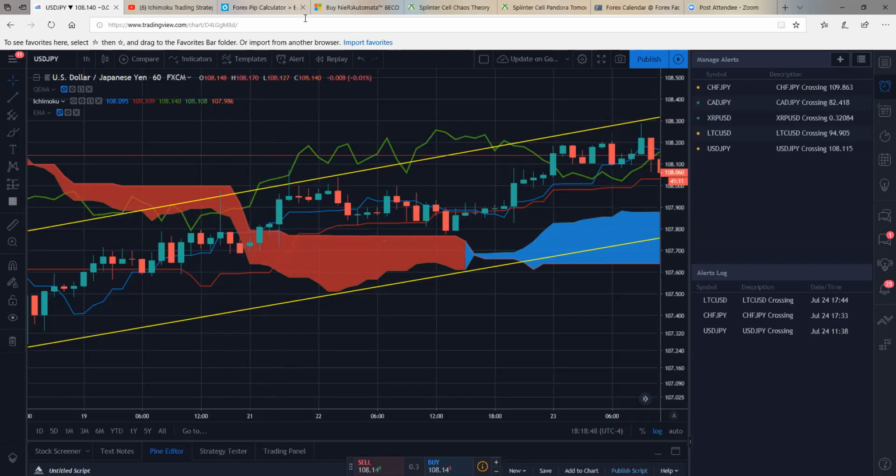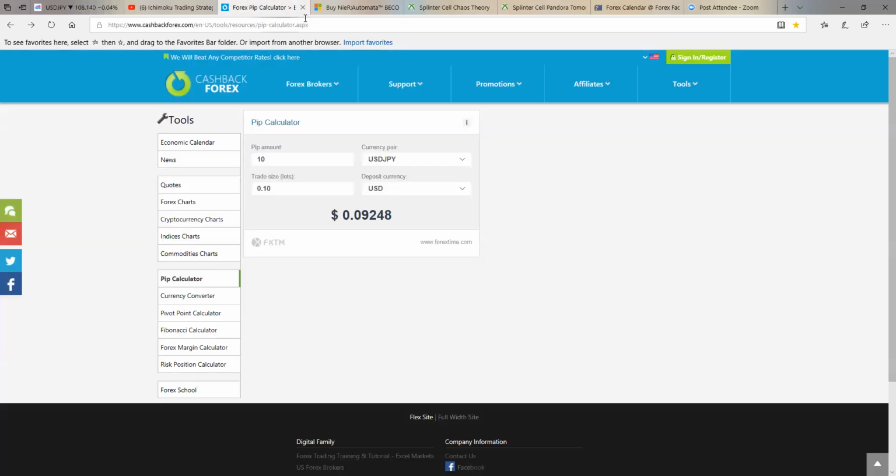Now, back to the calculator. If you do $1 per point, you just got yourself $9.24. Instead of $1 per point, if you did $10 per point, you just got yourself $92.48. You see that?